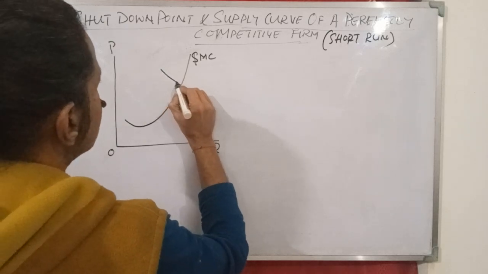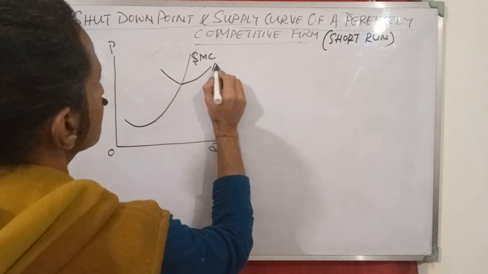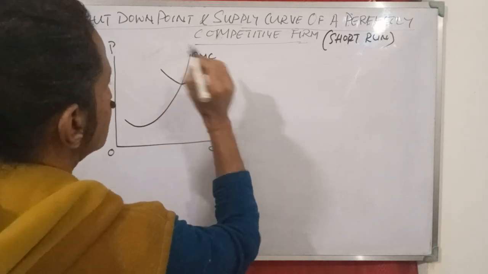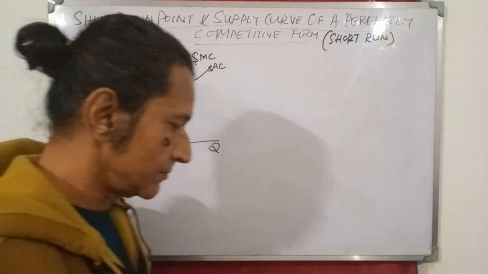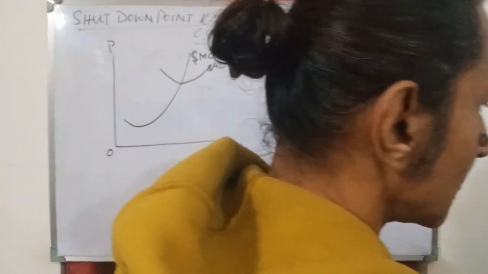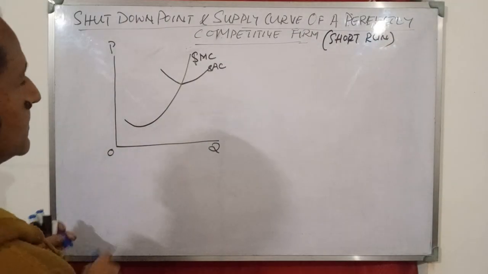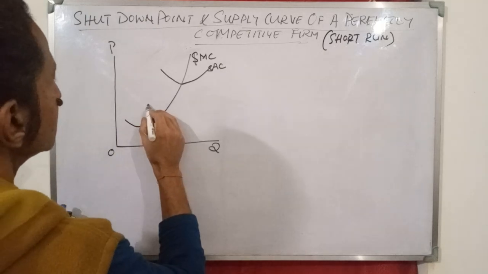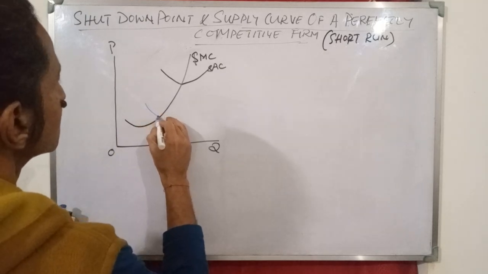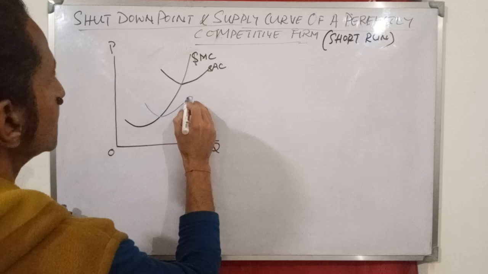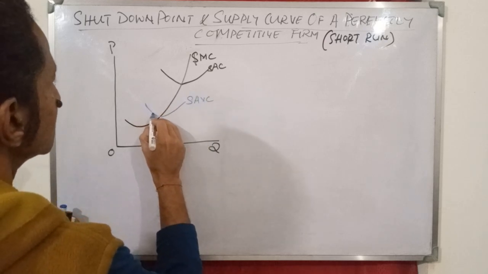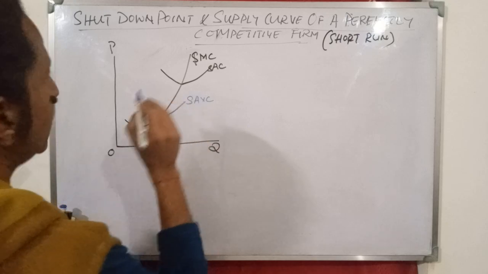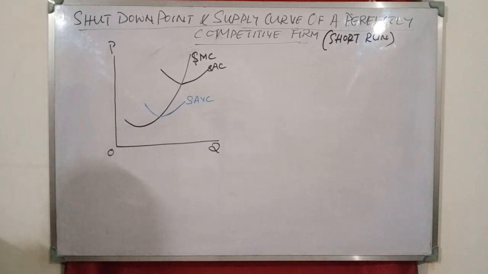Let this be the AC curve, short run average cost curve, and very importantly, this is the short run average variable cost curve. SAVC is the short run average variable cost curve.